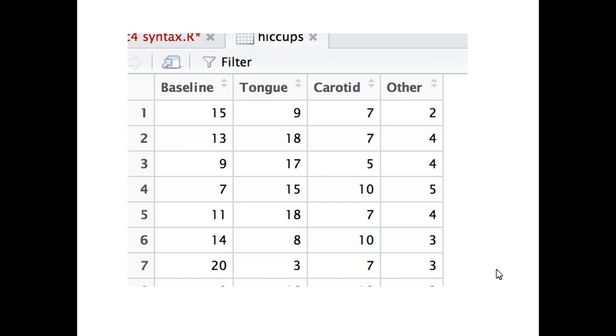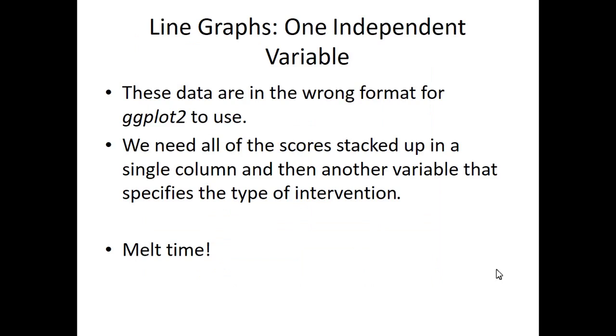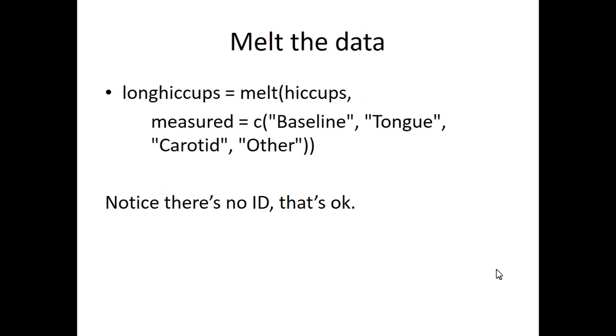And Ggplot will not do this for you in wide format. So we need to melt the data into long format. Okay, so if your Reshape package is not open, you'll have to make sure that the library is open, or this won't run. So we need all the scores in one single column, and then a variable that tells it which bar or line to make. So that's melt.